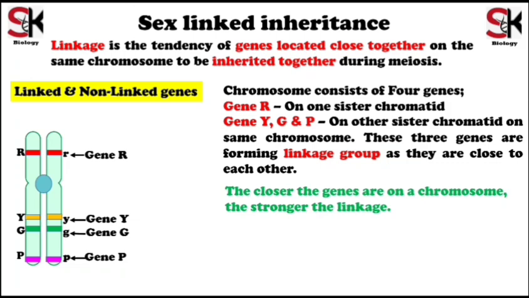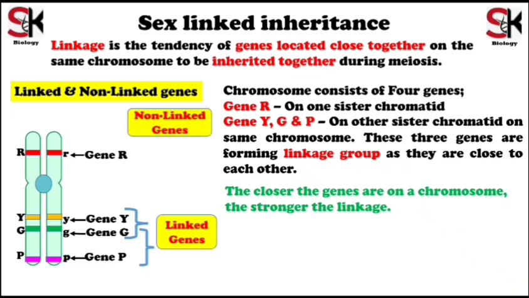In this picture, linked genes will be Y and G as well as G and P as they are close to each other. But gene R is on different sister chromatid, so R is not linked with Y, G and P. Even Y and P can be non-linked as they are not much close to each other.